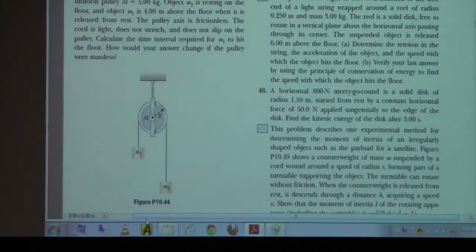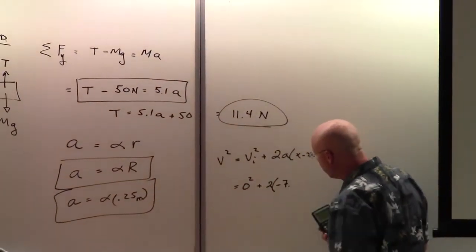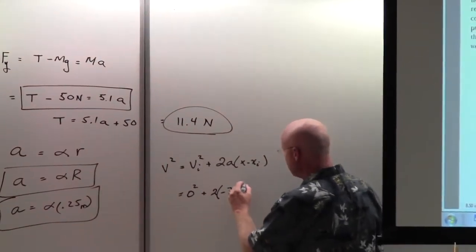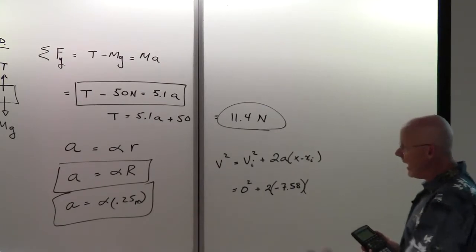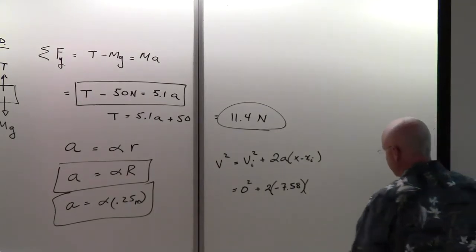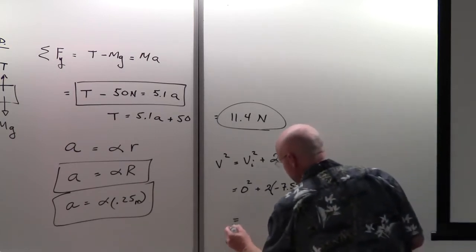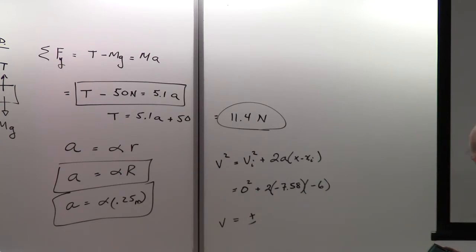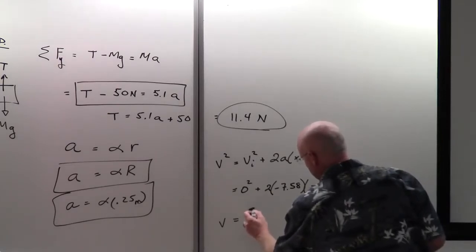and then it goes faster and faster. So this is 2 times, and the acceleration is that negative 7.58. And so there's my acceleration. And it goes down 6 meters. So there's a negative 6. And so the velocity, when we take the square root, will be plus or minus. Since it's going down, we know it's going to be the minus one. So I shouldn't even have put the plus one.